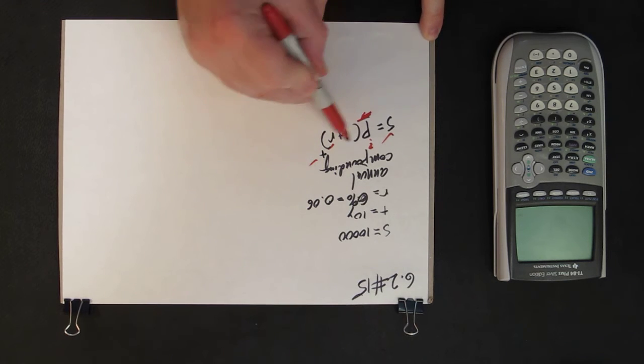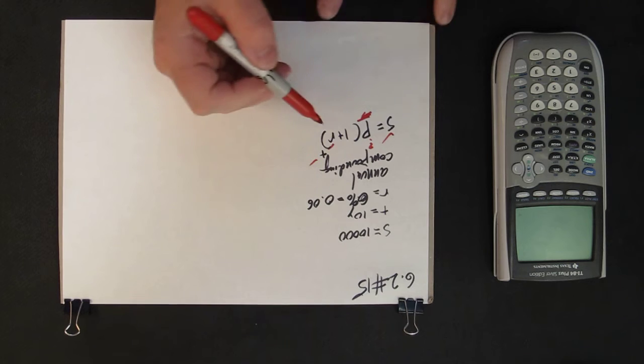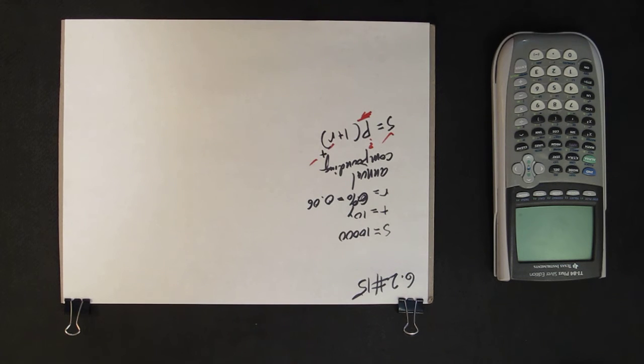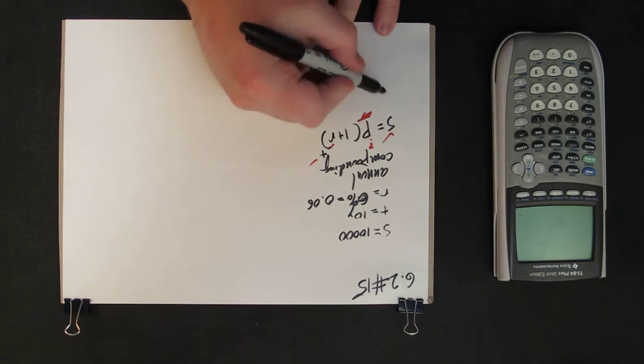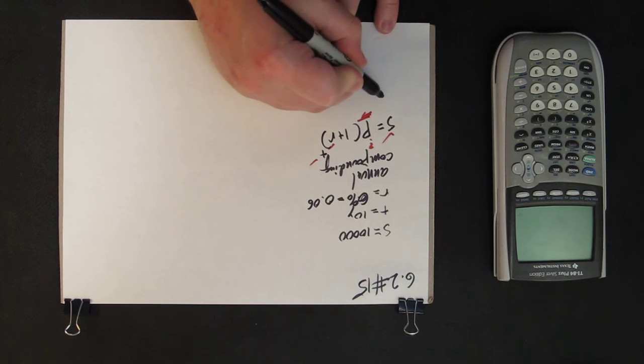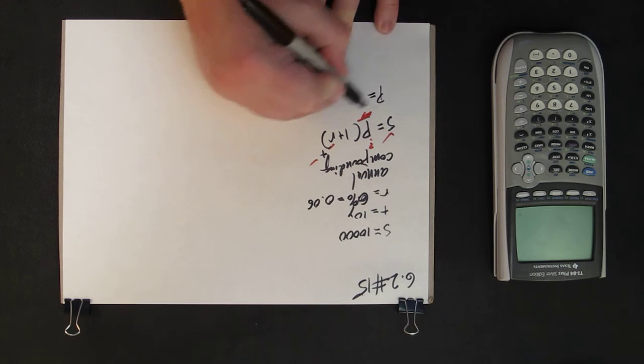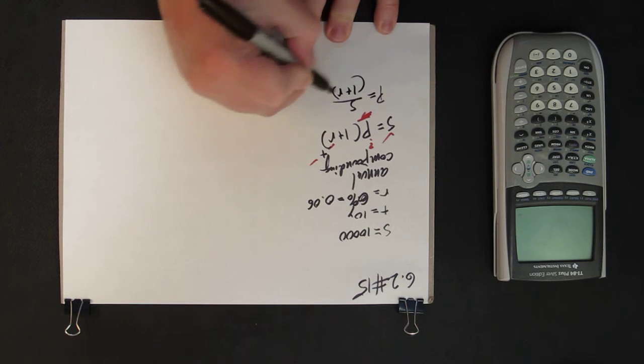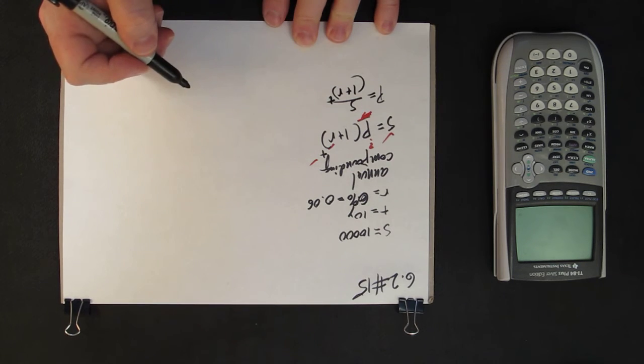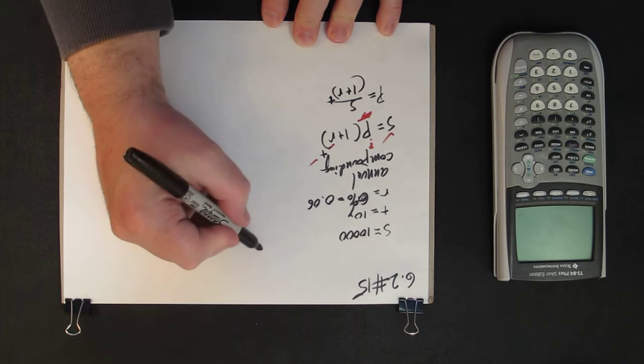So we have to rearrange this equation to solve for the principal value. Okay, so a couple of ways. You can either do this algebraically, in which case you would just divide through by this part. Some of you are going to like seeing a number, so I'll do it the other way as well.